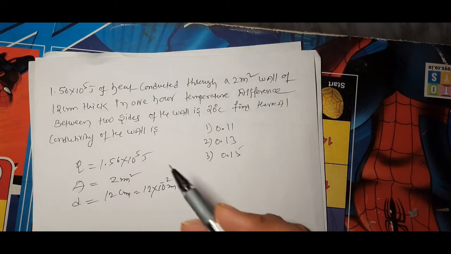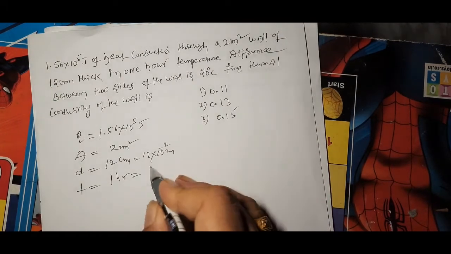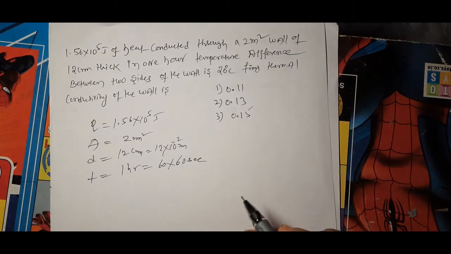In 1 hour time. So, time is equal to 1 hour, that is equal to 60 into 60 seconds.